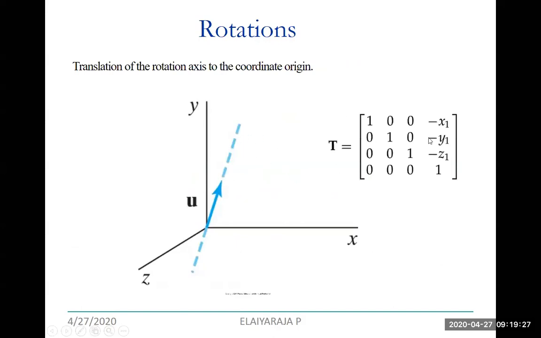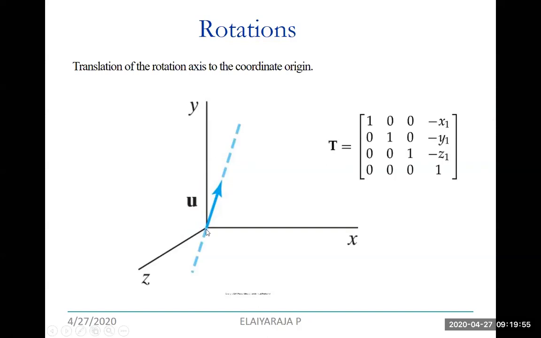Here the values are 0 minus x, 0 minus y, 0 minus z, which is minus x1, minus y1 and minus z1, the reverse of P1.